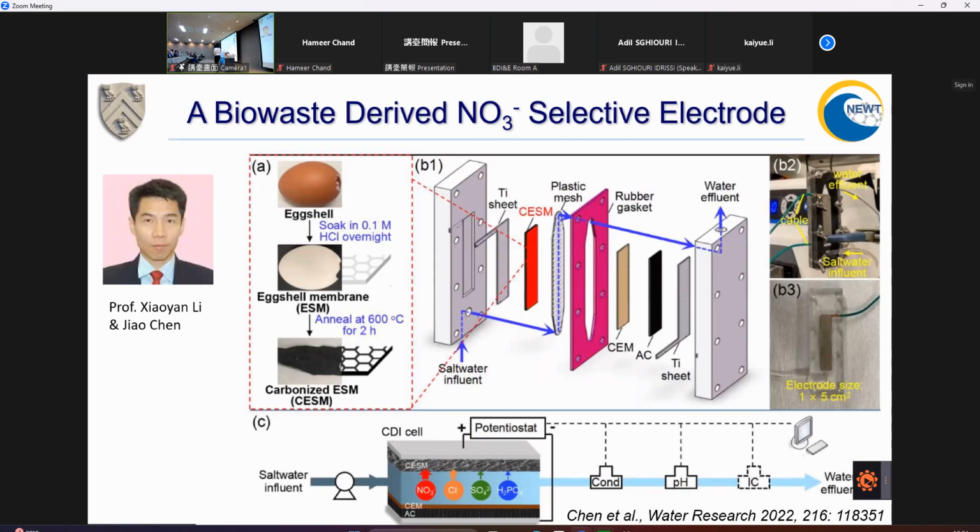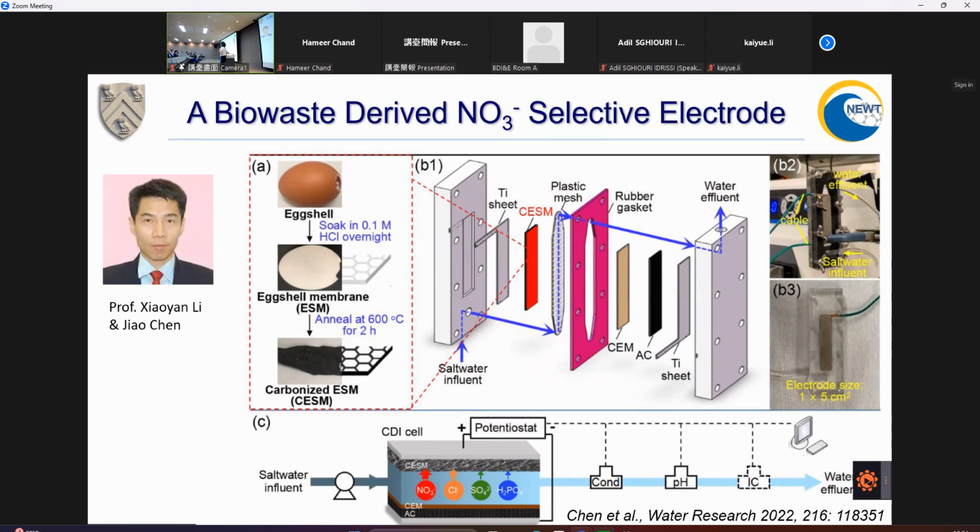So this work was done in collaboration with Professor Xiaoyan Li and his student Jiao Chen at Hong Kong University. Here we took an interesting approach trying to utilize bio-waste. We took eggshells, got rid of the inorganic part and saved the organic part.